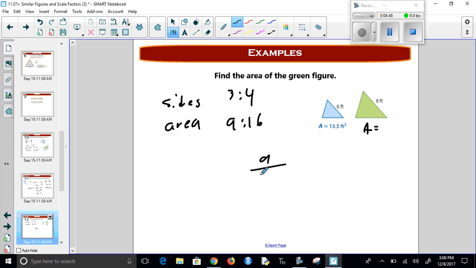So if my ratio of the areas is 9 to 16, the smaller one is 13.5. I can cross multiply, and I have 16 times 13.5 divided by 9, and I get x being 24 square feet.